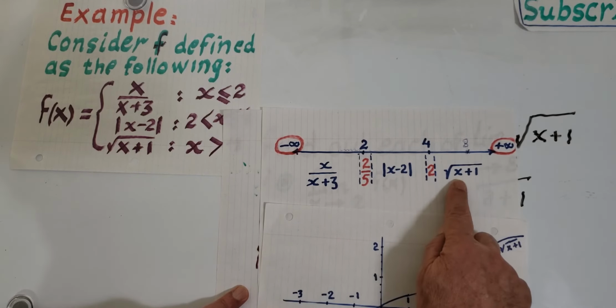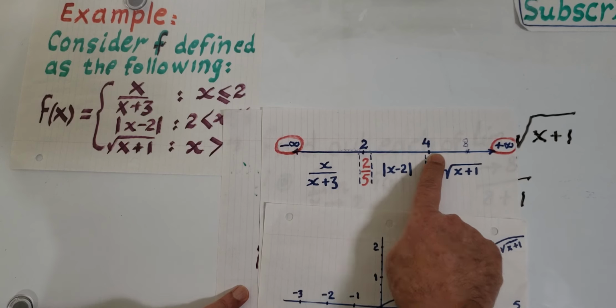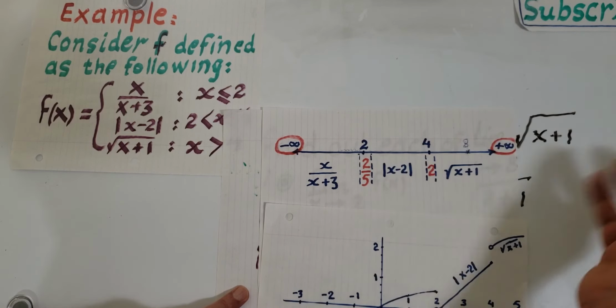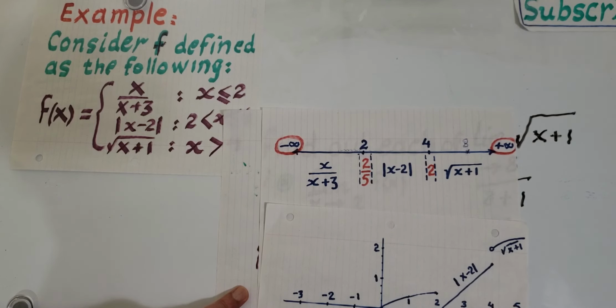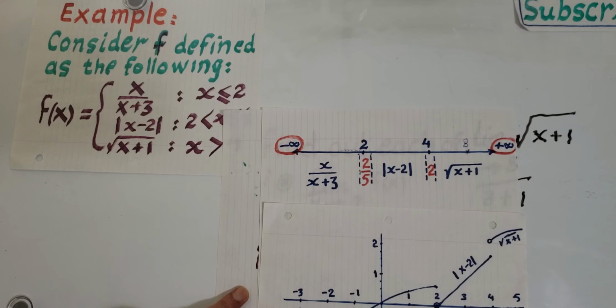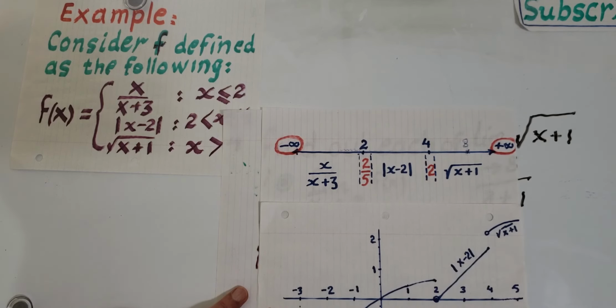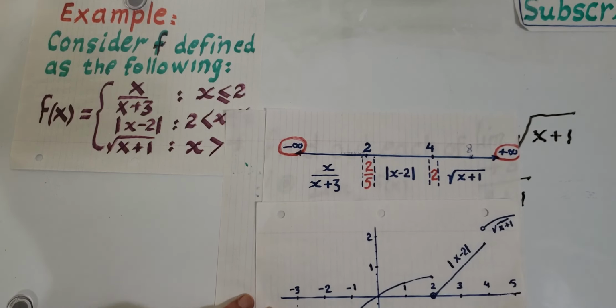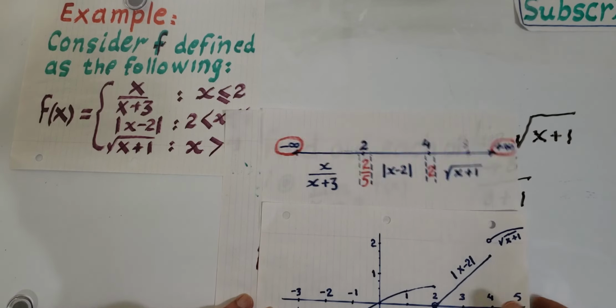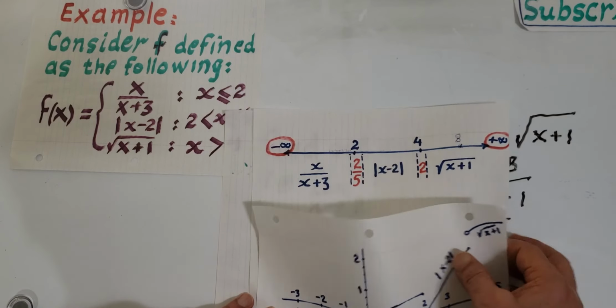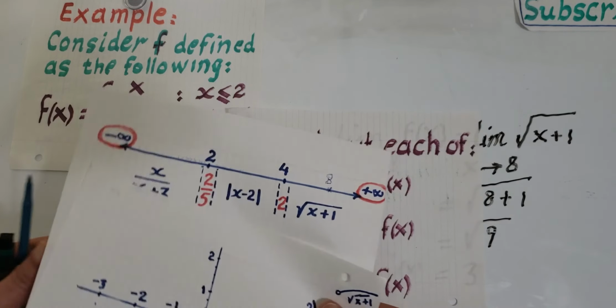And the last equation, from after 4 to infinity, gives me this part of the graph. This is just to give you an idea about the shape of the graph; you don't need to draw it.